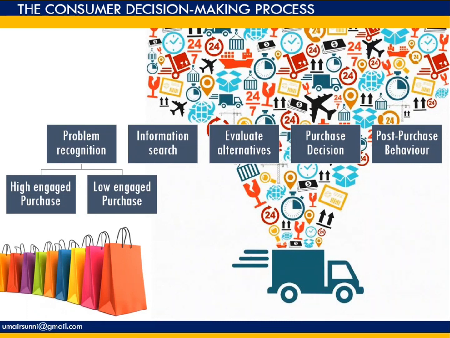Let's say you people are deciding on what to wear for your wedding. You are planning to buy your wedding dress. Would you buy your wedding dress the way you buy groceries for your house? The answer is definitely no. Grocery buying is a routine decision that happens on a day to day basis. But buying a wedding dress is a lifetime decision, right? So probably once in a lifetime.